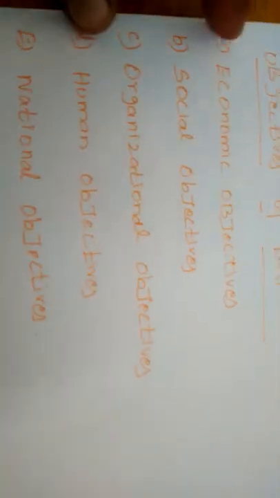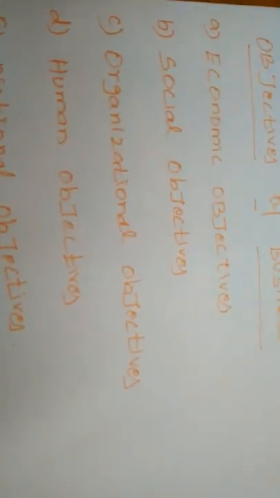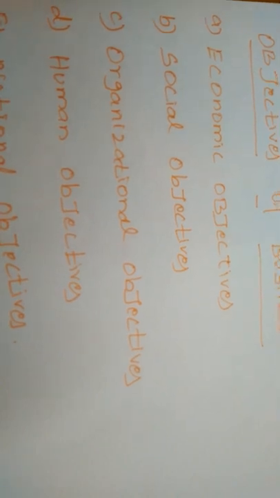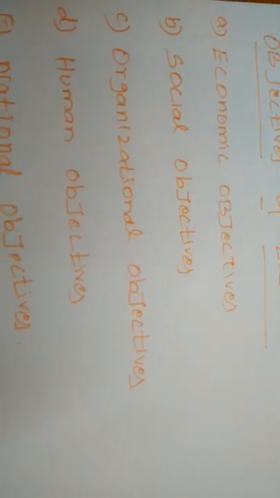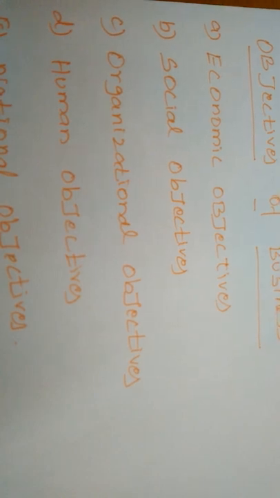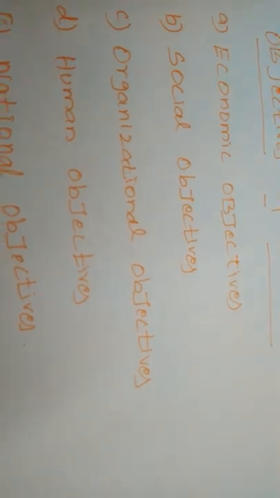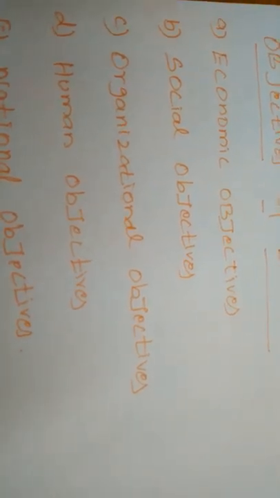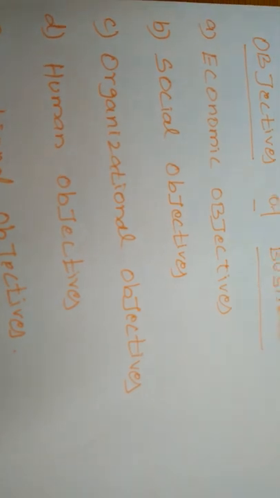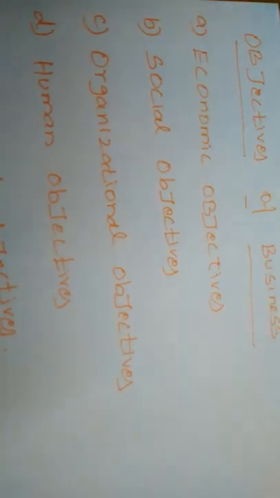Next is the best possible use of available resources. In these economic objectives, the use of natural resources is also there. Having more natural resources, we must use them at the optimum level. How we use the resources is based on our objective of business.